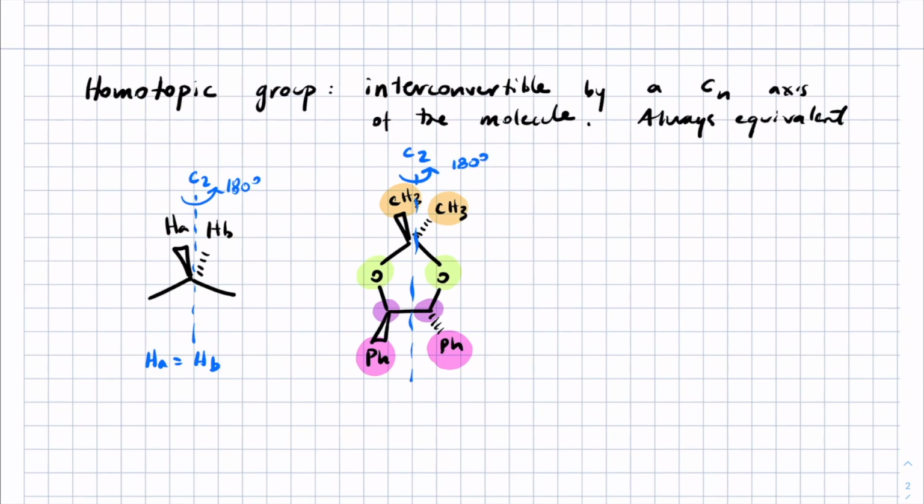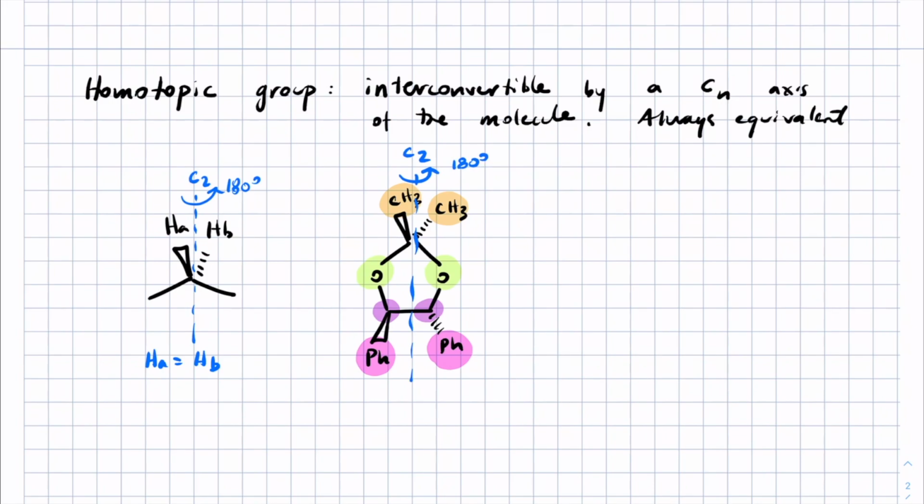So you may be used to the idea that, oh, if you have a CH2 group in a chiral molecule, those two protons are diastereotopic. Beware, not always. If you can exchange them by a C2 axis, then they are always equivalent. Yeah? And do you have to be able to exchange all the groups as well? For example, if we put an OH instead of a CH3 on top, would they still be?